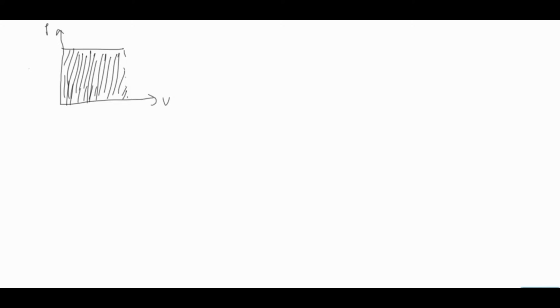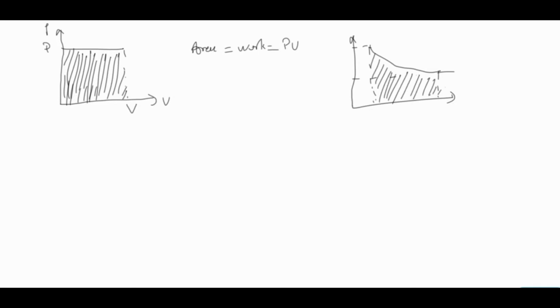So let's say this pressure is P and this volume is V. So the work done becomes area, which is equal to P into V. Okay. If you have a process like this, this is say the end limit of pressure and this is the end limit of volume. In this case, again, the area under the curve will give you the work done. So it becomes P times (V2 minus V1).